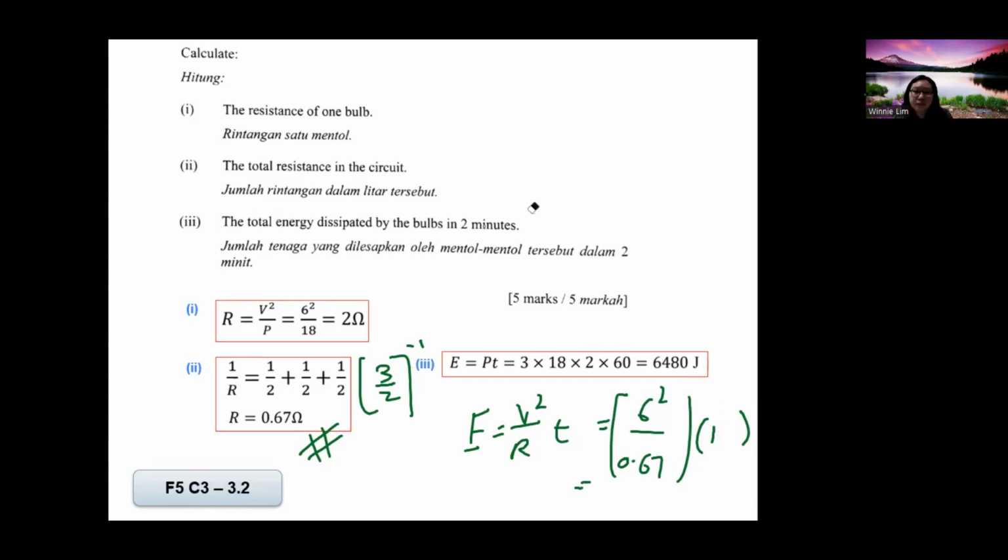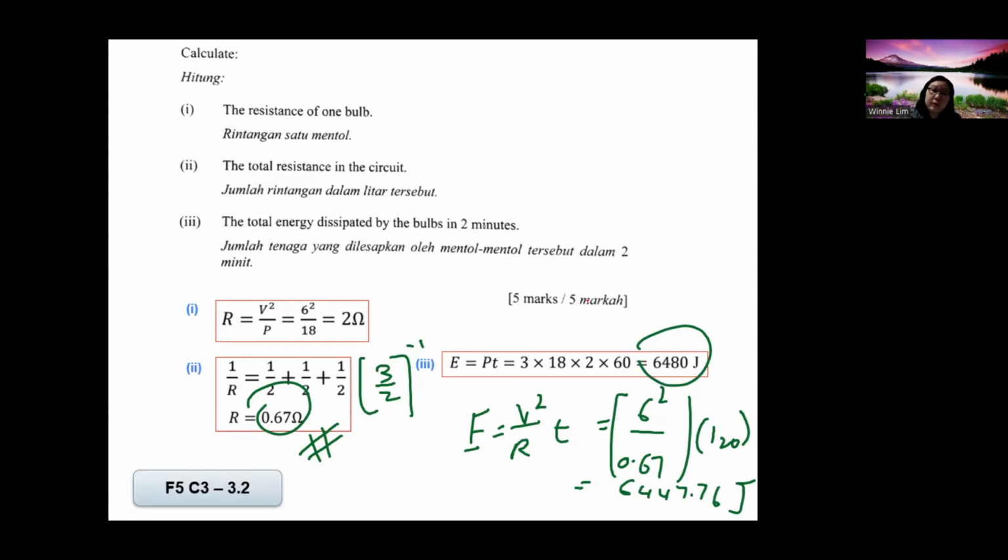Sorry, 120 seconds. This is true. Also, my answer will have a decimal point because I use this decimal value. So it's nothing wrong. They will accept it. Don't worry about that.